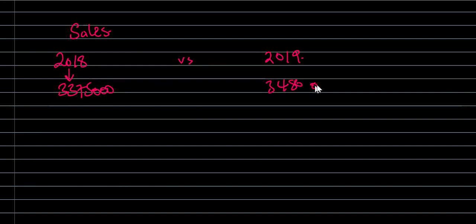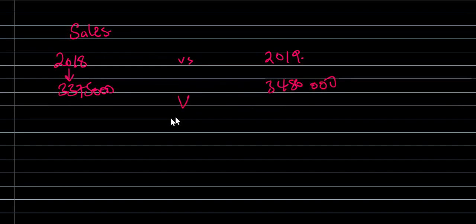Let's start with sales. 2018 versus 2019. 2018, 3375,000. 2019, 3480,000.